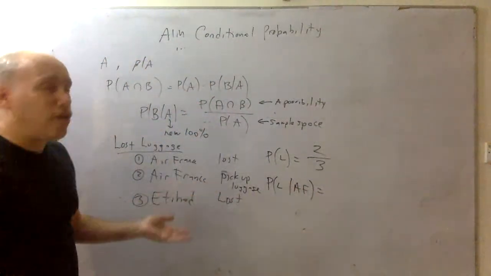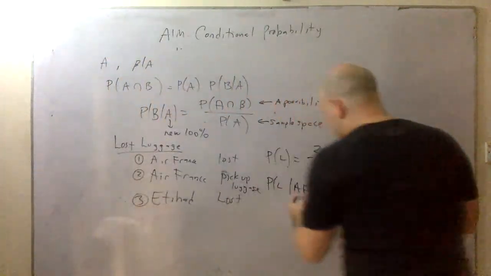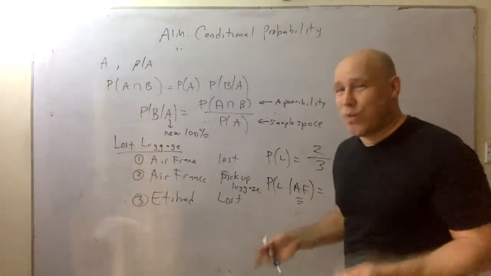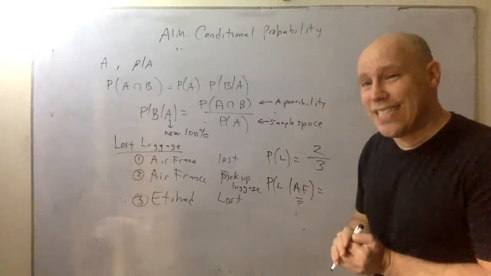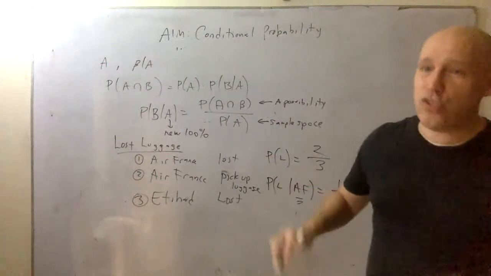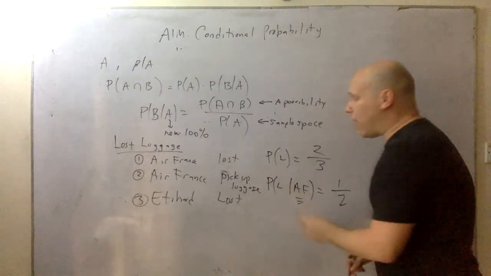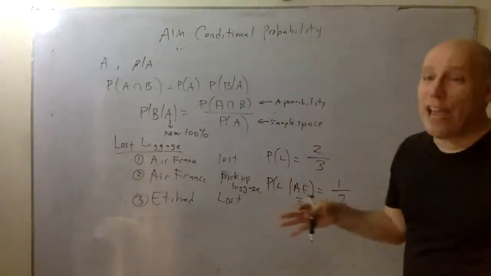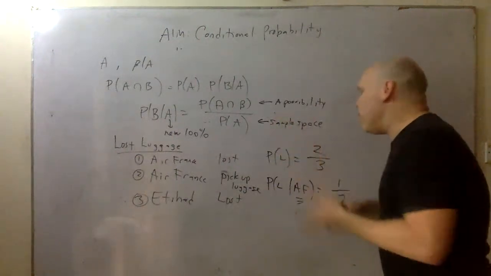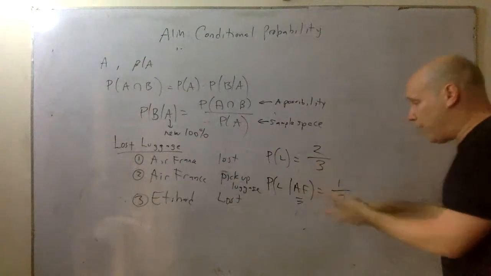You could use the formula, but I like to view this as the new 100%. If Air France is the new 100%, I'm only looking at the Air France incidences. There were only 2 of them, and I lost my luggage one time. So given that I flew Air France, there's a 50% chance that I lost my luggage, versus in general, maybe at this airport, a 2/3 probability.